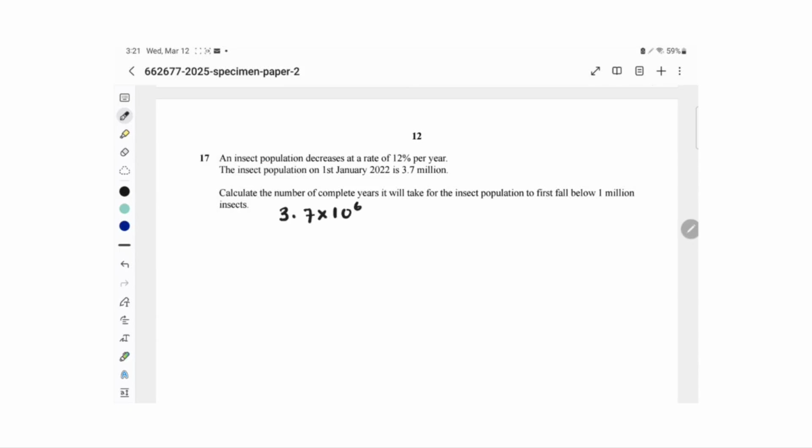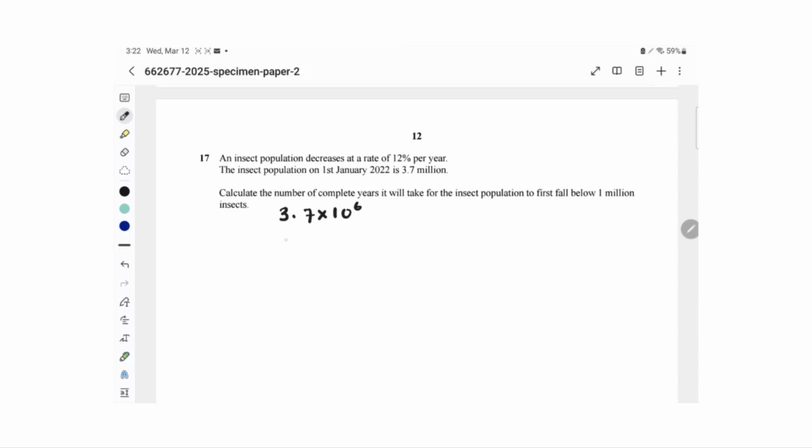Okay, so here, calculate the number of complete years. All right, it's decreasing at the rate of 12% per year, so exponential decay is there. You will take the same formula as compound interest, amount = P times (1 - r/100), because it's exponential decay.